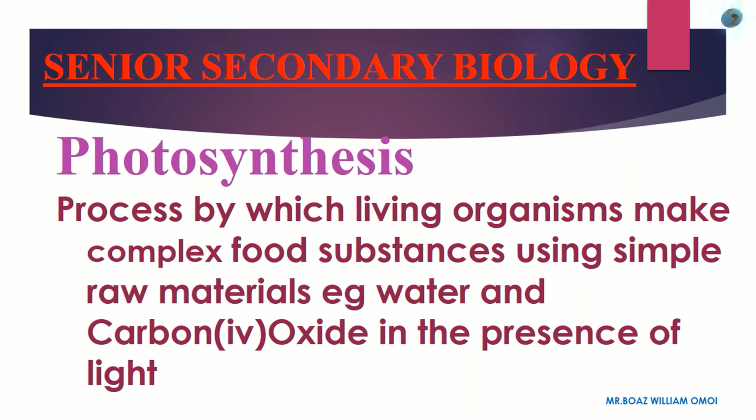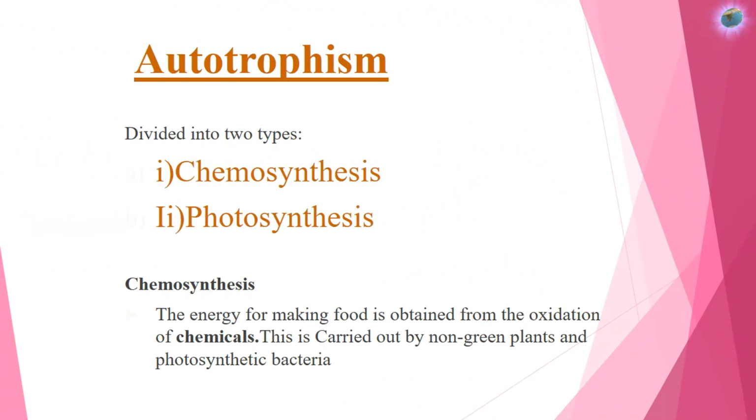Very important. And this light energy is used in the manufacture of food. For example, in green plants, I have given you an example. They have the leaves, and these leaves mainly carry out photosynthesis. Very, very important. So those are the two types of autotrophism. We have photosynthesis and we have chemosynthesis.